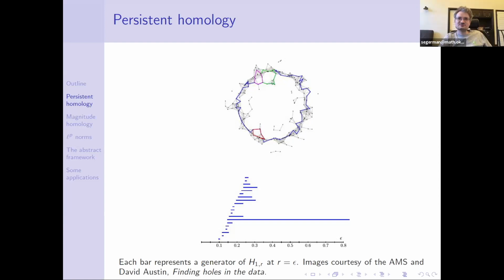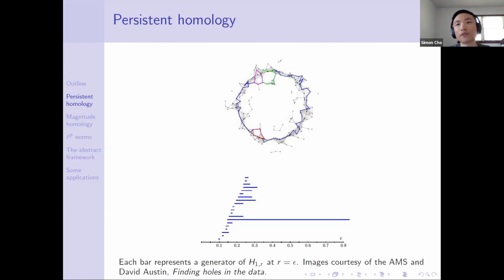Could you say a couple of words about how you identify the loop at one radius with the loop at another radius? Yeah. That's something that would be done at the computational stage. If you start increasing the radius, you might have two loops that merge together to form one big loop, or maybe some loops die off.